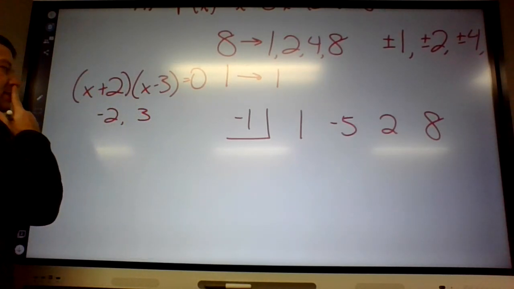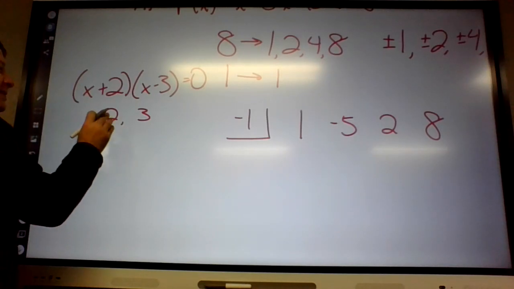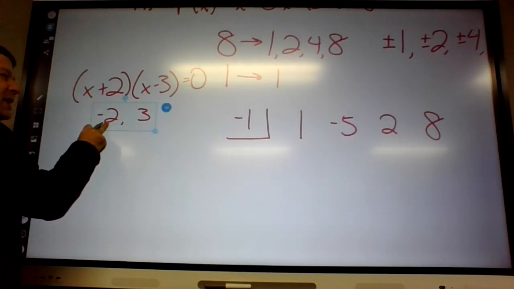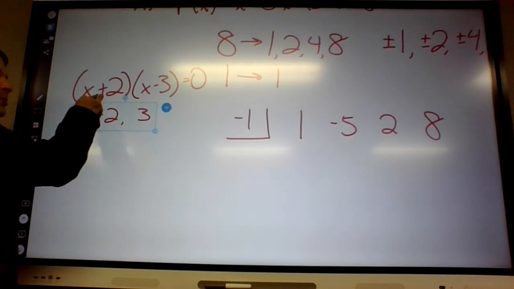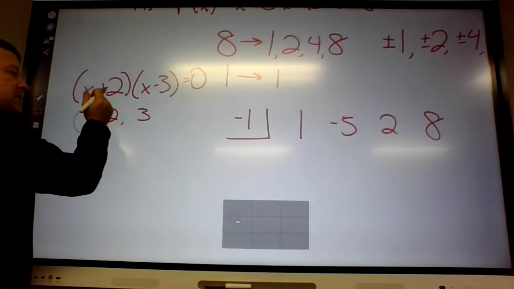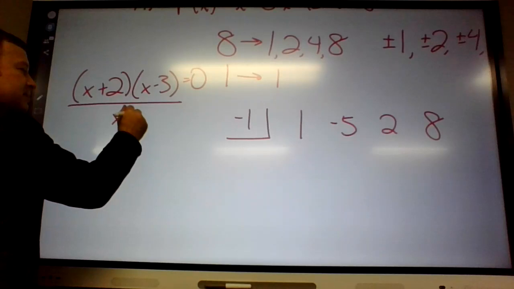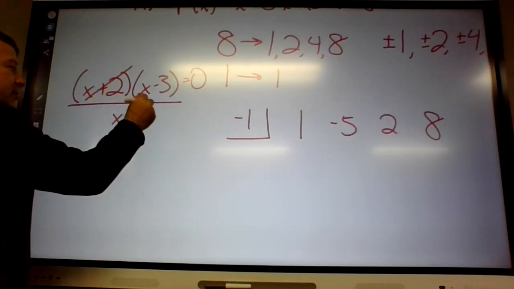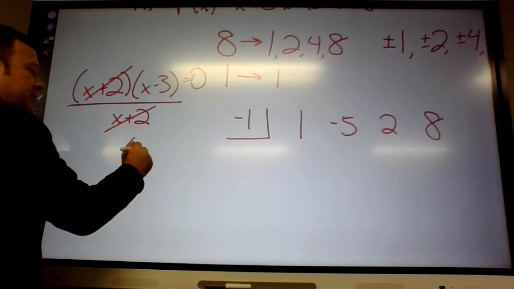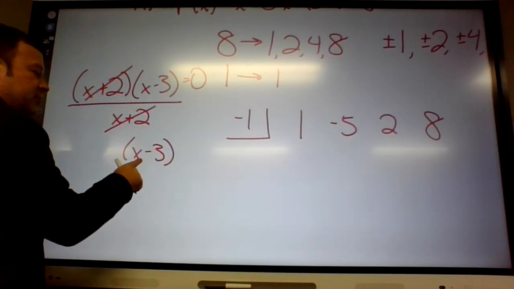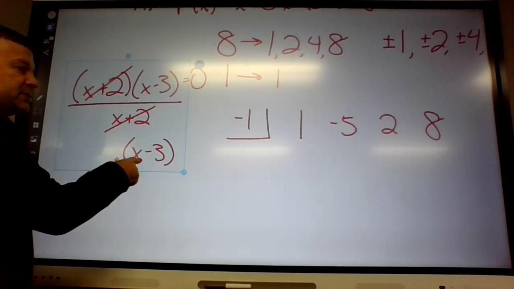If I know that -2 is an answer, then I know that x plus 2 is a factor. So if I divide this by x plus 2, I should get my remaining factor, which contains my remaining answer. Does that make sense? Yeah.